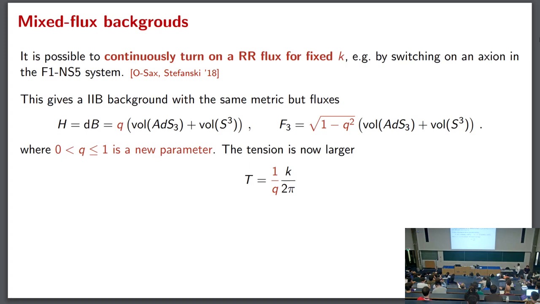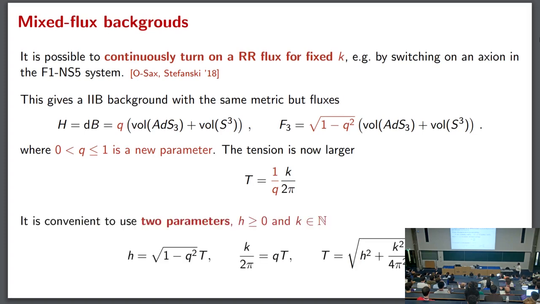If you start at a fixed k and you turn on the Ramond-Ramond flux, the tension grows. So the tension blows up if you send q to 0, so if you go all the way to the Ramond-Ramond. A better way to visualize what you're doing is to keep as parameters k, which is discrete, and instead of looking at the tension or q, just look at the coefficient of the Ramond-Ramond three-form.